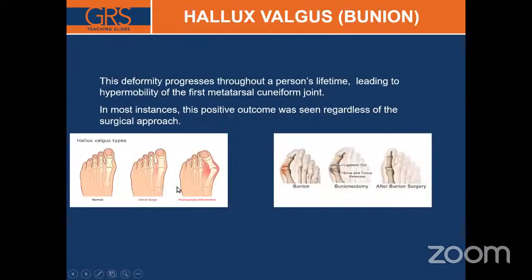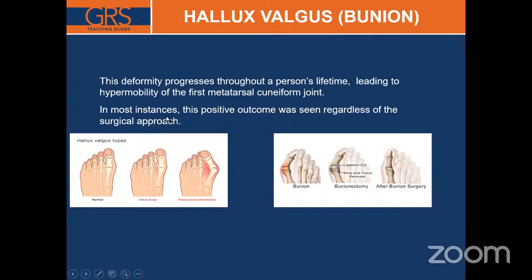Next, this is the bunion. As you can see, this is the normal foot, this is the initial stage, and this is the pronounced deformity. This deformity progresses throughout a person's life, leading to hypermobility of the first metatarsocuneiform joint.